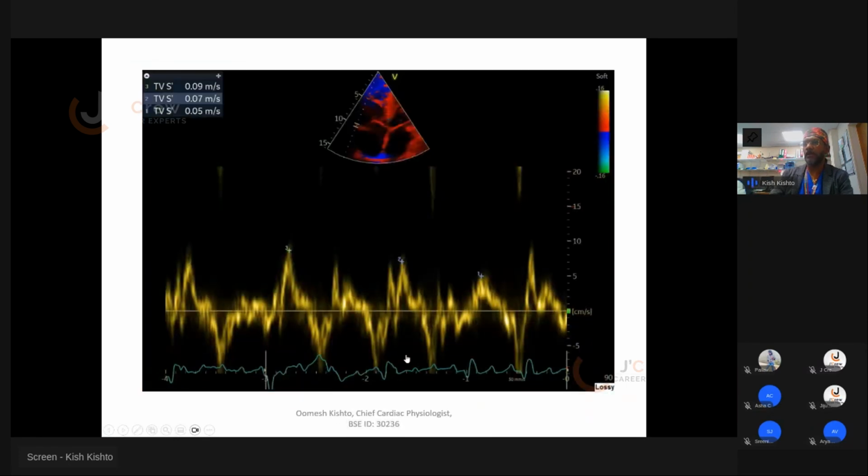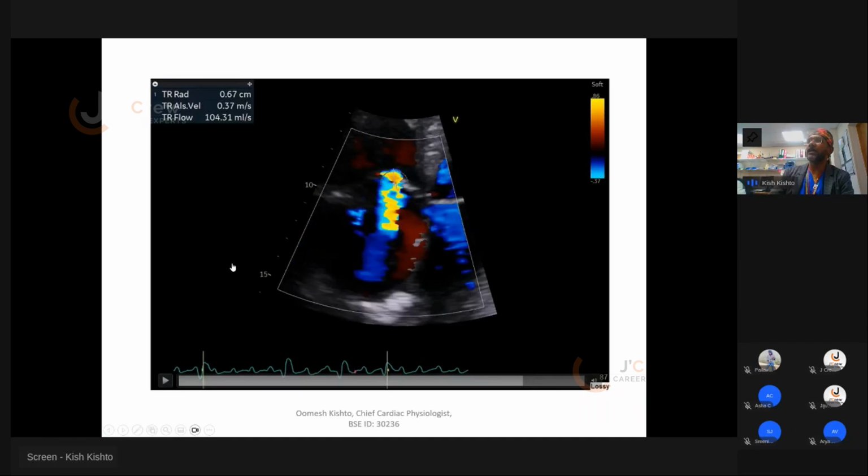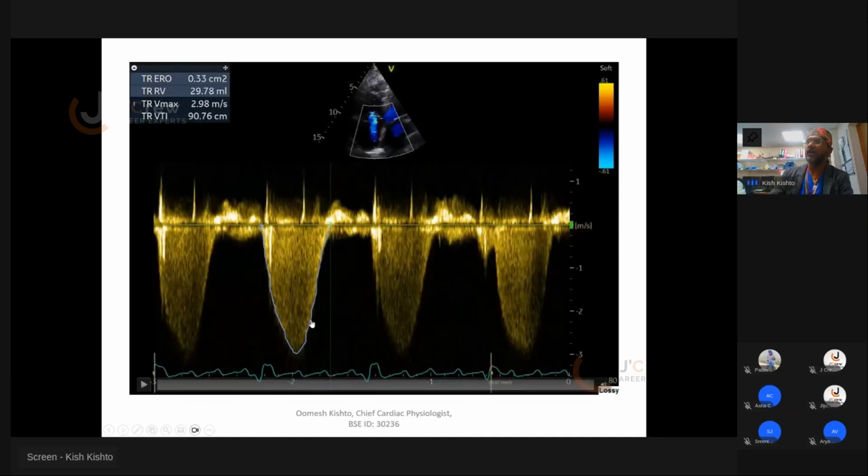Again here you will see I've done the same because that's a big, medium, small, to give me an average of that. And the PISA for the TR, I've done it here. Make sure when you do that you see the tail end and the regurgitant volume. Optimize your scale and your paper speed so that you have a nice definition so that you can trace it nicely.